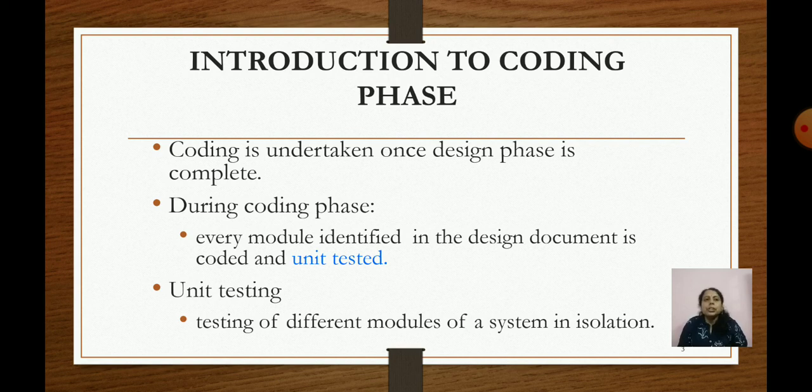Means according to the design document, each module is coded and individually tested. And unit testing means testing of different modules of a system in isolation. Means each individual module is tested in isolation. Then it will be integrated with the other modules.